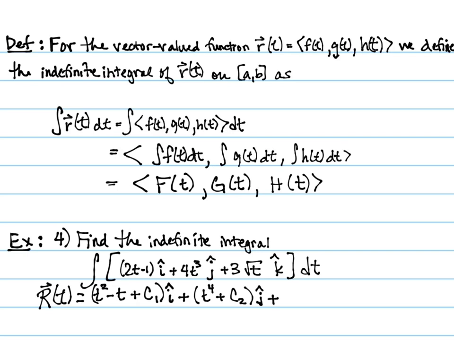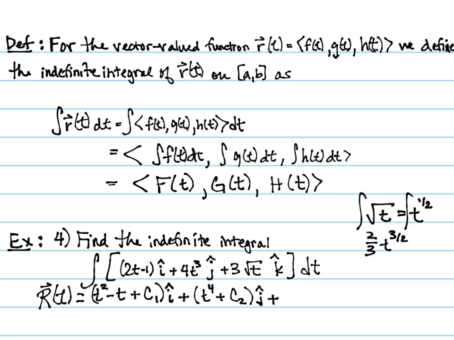And then square root of t's are kind of messy, but they're not too bad. You all are good with it, right? t to the 1/2, right? So what would we have? t to the 3/2, and then times 2/3, right? Or divided by 3/2.